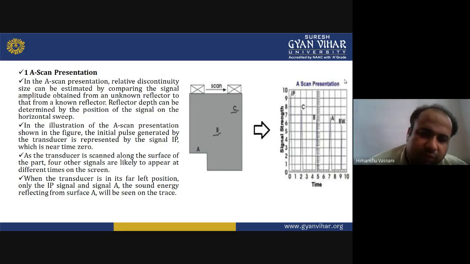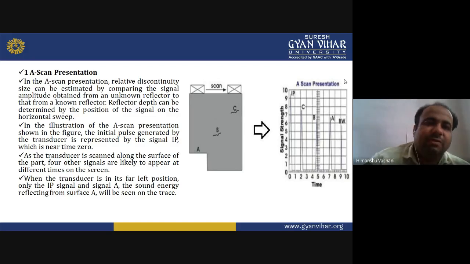So when the transducer is in the far left position, only the IP signal and the signal A, the sound energy reflected from the surface A, will be seen on the trace.